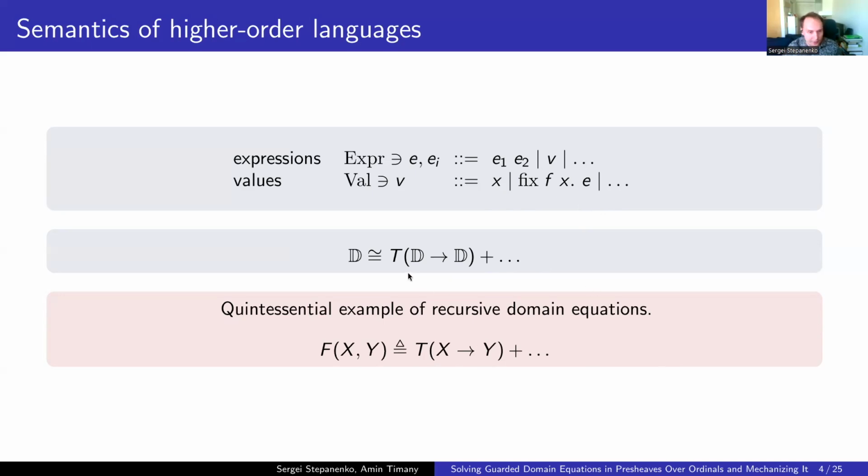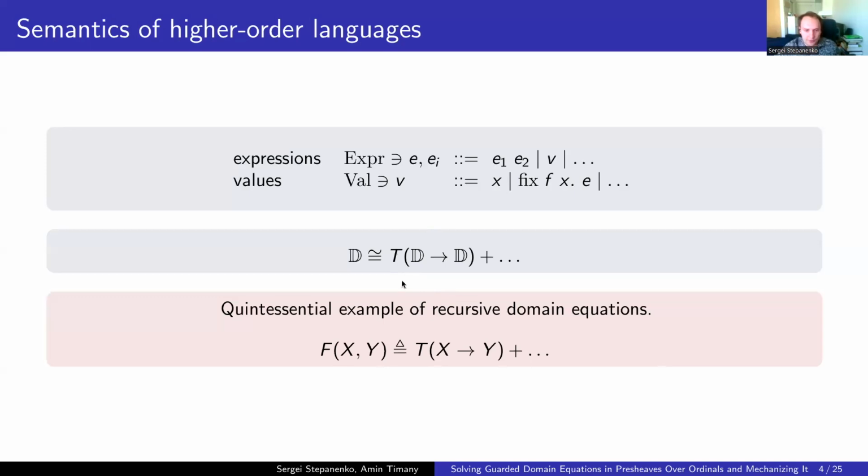And already here, you can see that in the classical mathematical world, there would be a problem because we have a negative occurrence of D in the function space, and obviously we have size issues. I mean, if D is not trivial.